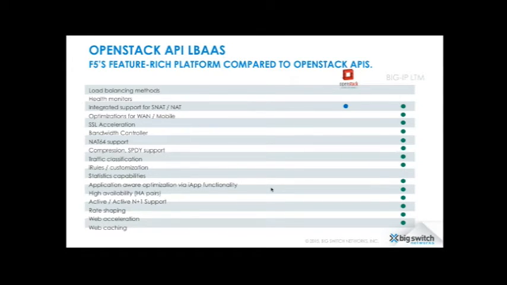What we've also done with Big Switch is we've integrated with Big Switch as one of the leading SDN vendors, so that the process of deploying OpenStack is much more simplified and much more automated. So with that, I will turn it over for the demo.